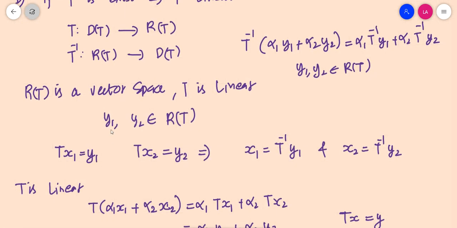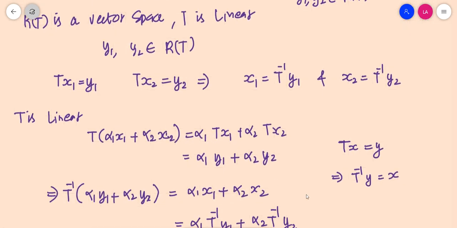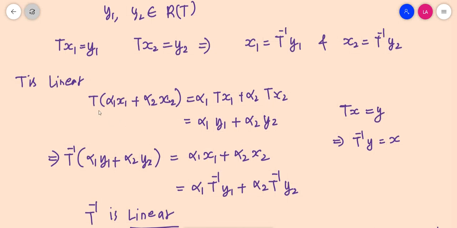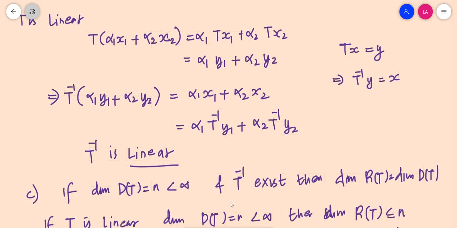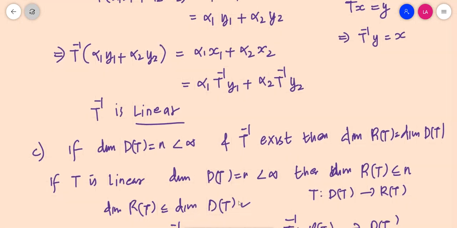Since y1, y2 belong to R of T, we have elements x1, x2 belonging to D of T such that T of x1 is equal to y1, T of x2 is equal to y2. Now apply a simple transformation. Applying T of alpha 1 x1 plus alpha 2 x2 is equal to alpha 1 y1 plus alpha 2 y2. Now applying the basic properties of inverse function, we have established that T inverse is also linear.